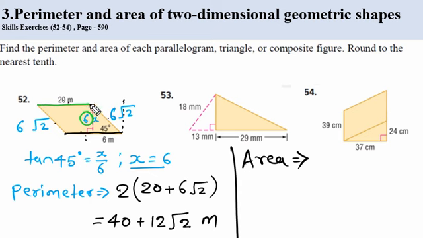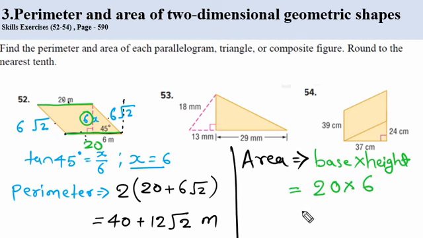The base is this and this will be the same. So this is 20, so this will also be 20. So base times height gives you 20 multiplied by 6, overall 120 meter squared. So that will be your perimeter and area.